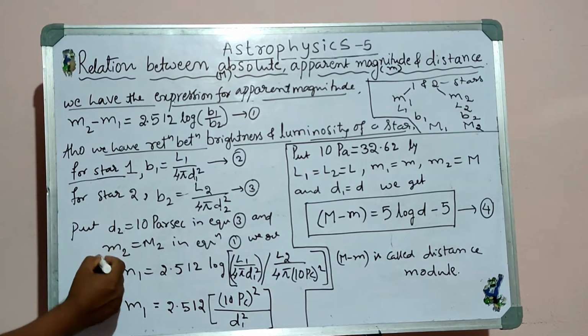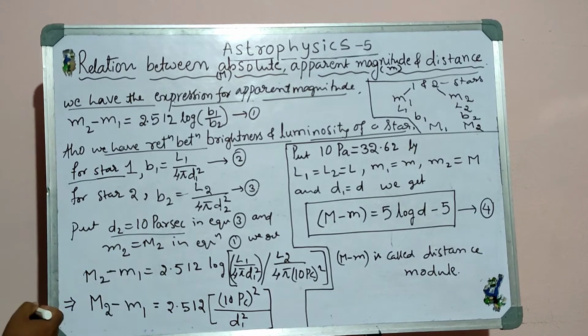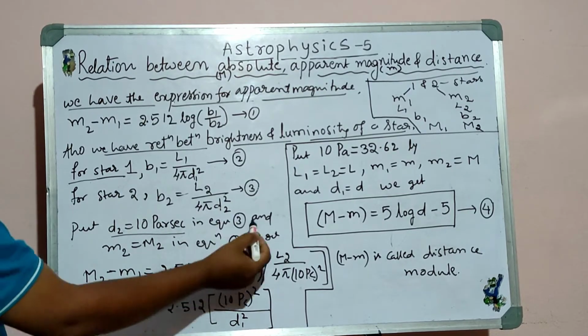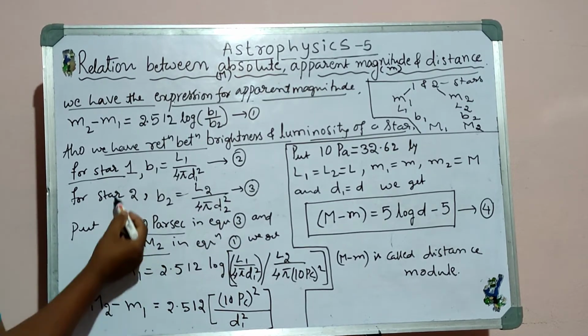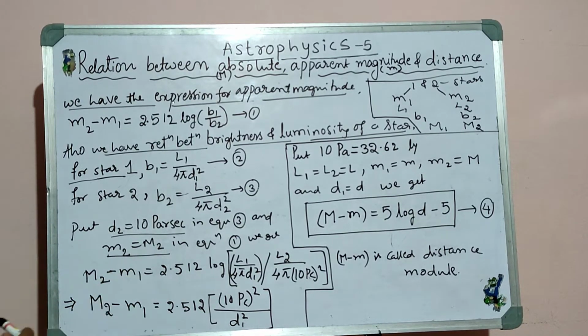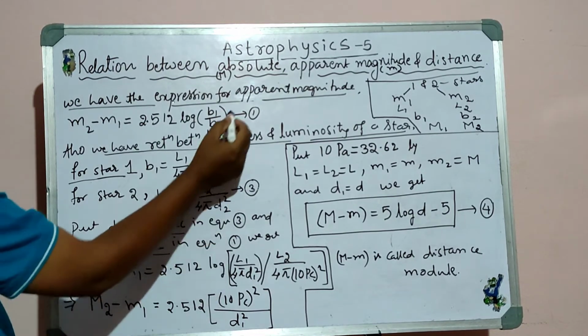Now in this, put D2 equal to 10 parsec. This is the definition. Put D2 equal to 10 parsec in equation 3, and put small m2 equal to capital M2, that is, the apparent magnitude is replaced by the absolute magnitude in equation number 1.